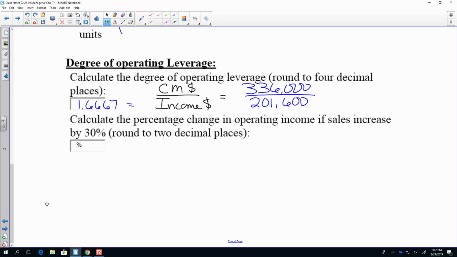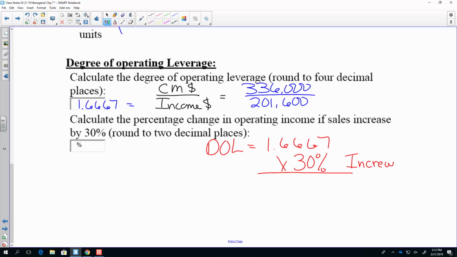You take our DOL, 1.6667, times 30%, which is our increase in sales. And I get how much? 50%. 50%.